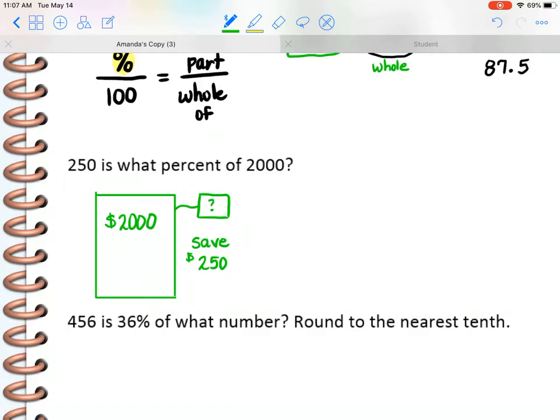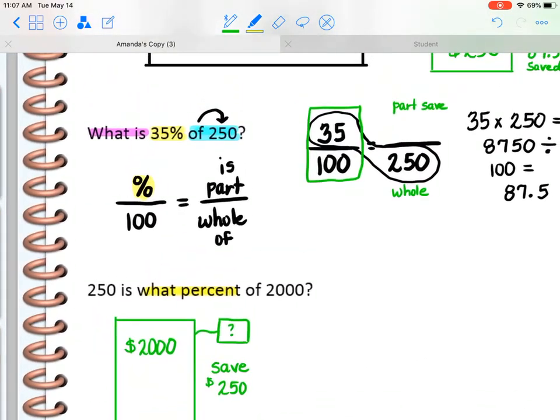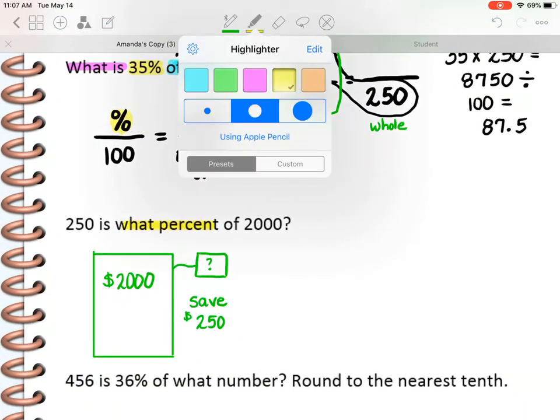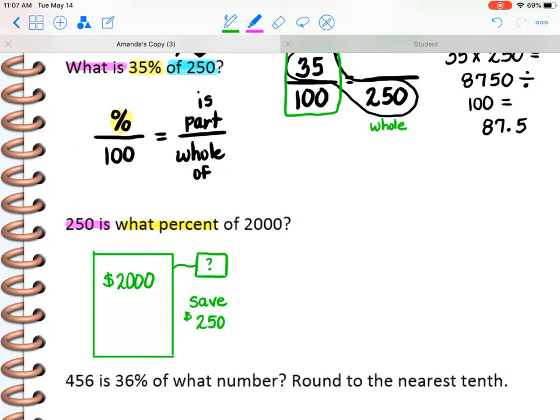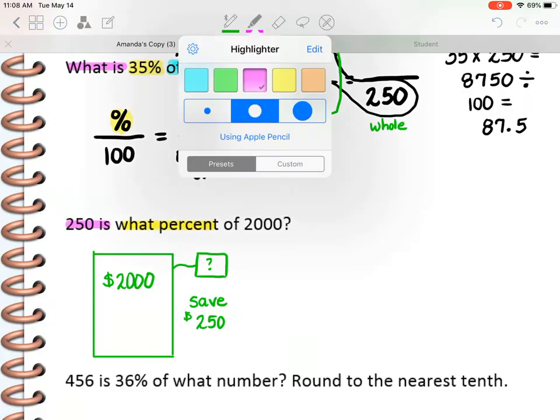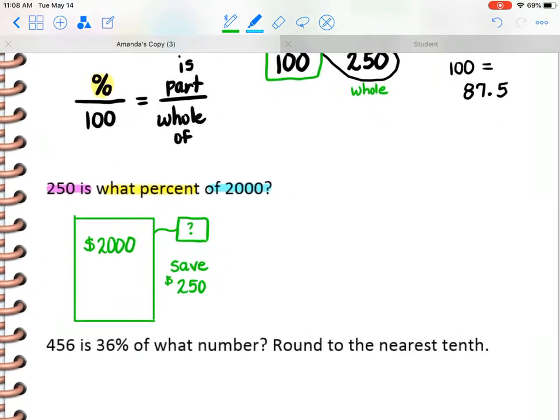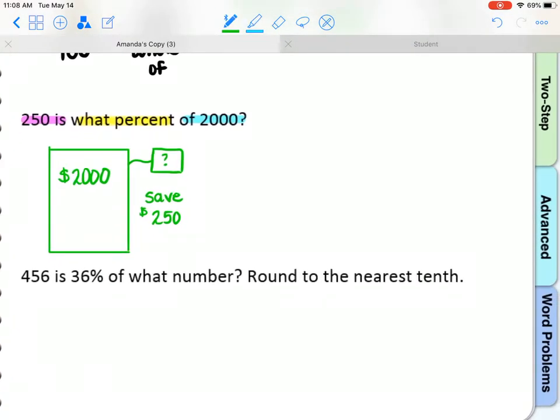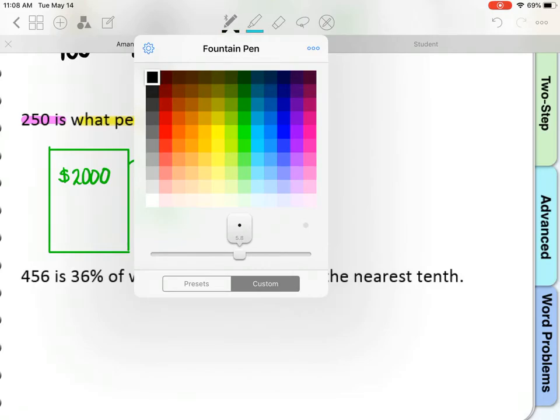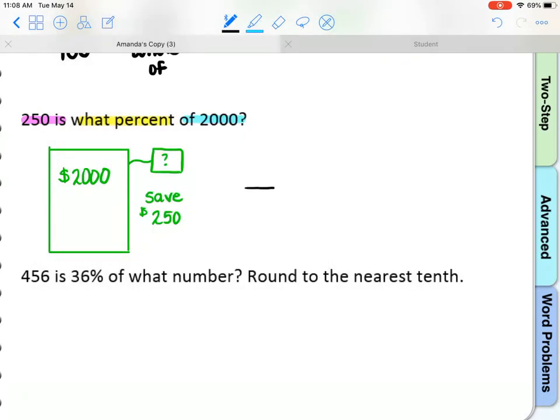250 is what percent of 2,000? So here we do not know the percent. But we do know the part that we can save, and we also know the whole price of the refrigerator. So to do this problem, I do need my proportion that I had to memorize.